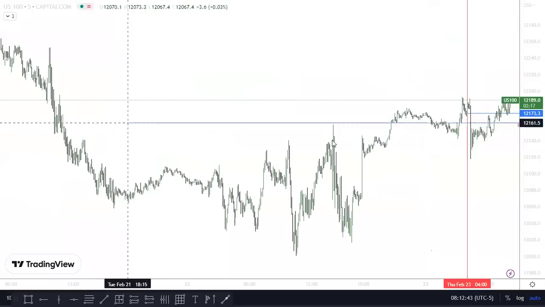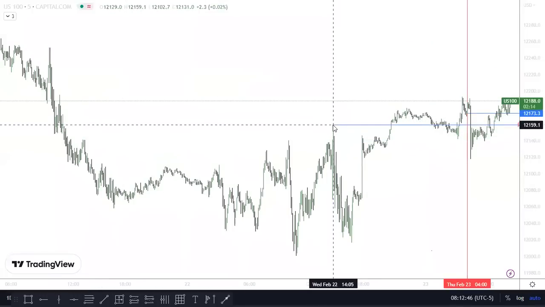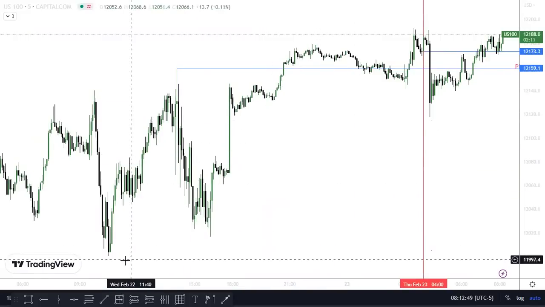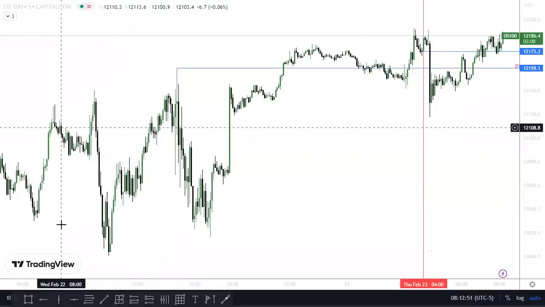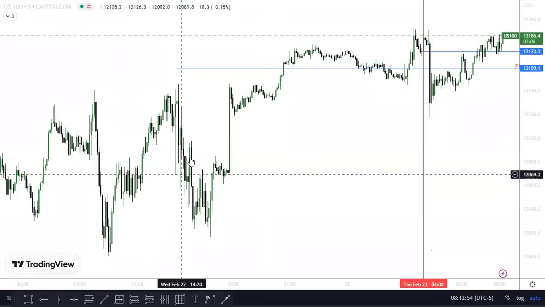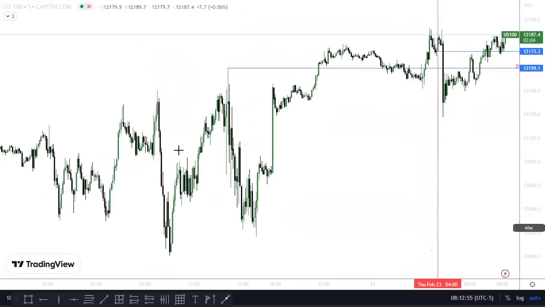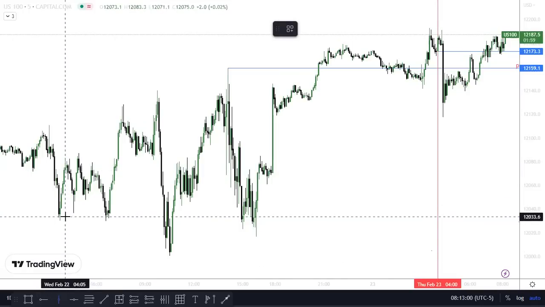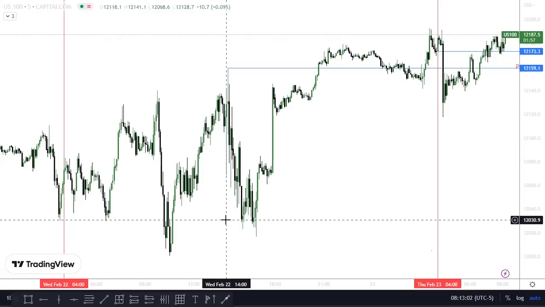Failed to close below the daily failure swing, which means if I'm still bearish, I would expect a failure swing on the M5 from the previous day to be the current drawn liquidity. Here's the previous day's delivery. Just going to tag 4 AM for good measure. That's the previous day.